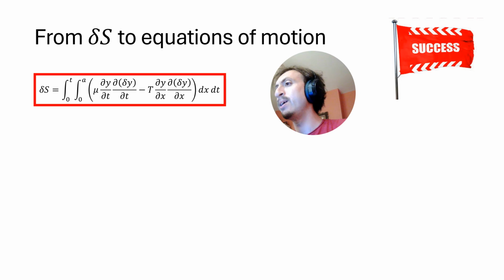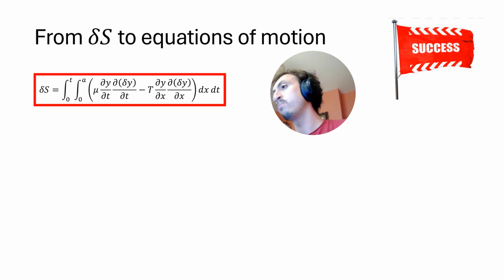The thing is, if we try to evaluate it explicitly in this form, by which I mean carry out the integration, we would be left with a very problematic term. Because, after our minus sign, we've got t and then we've got partial derivative y with respect to x, but then we've also got a partial derivative of delta y with respect to x.